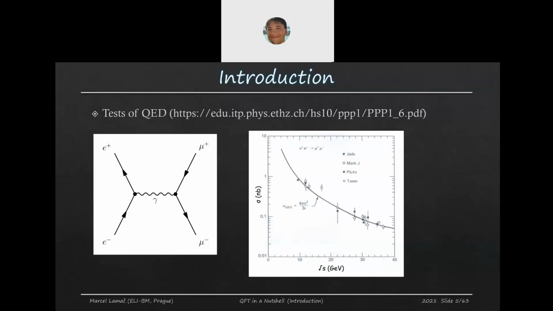Once again, we can calculate this process in the context of QED, and on the right-hand side you can see the total cross section, which is the integrated differential cross section. The differential cross section had some angular dependency. The total cross section is like some total probability of the process depending on the total energy, this square root of s, which is equal to the total energy of the colliding particles, so the sum of the energy of the positron and the energy of the electron.